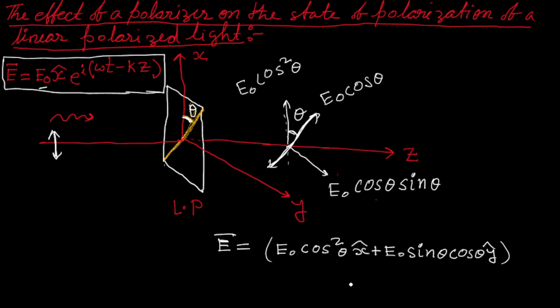Then we write the phase term. The phase term remains the same: omega t, and this wave is still propagating in the positive z direction, so it will be kz minus omega t. This is the electric field of the wave after it passes through the polarizer.